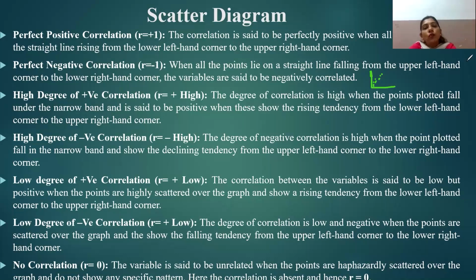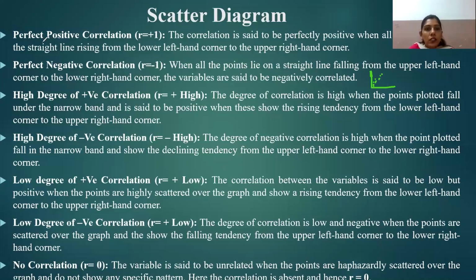The degree of correlation is denoted by r, the coefficient of correlation, and its direction is given by the sign, positive or negative. Okay, so let's first understand the meaning. After that, we will understand it with the help of diagrams also.